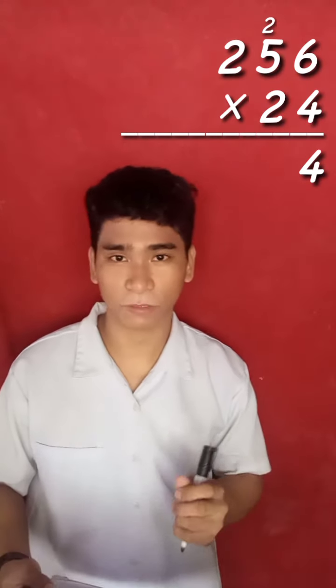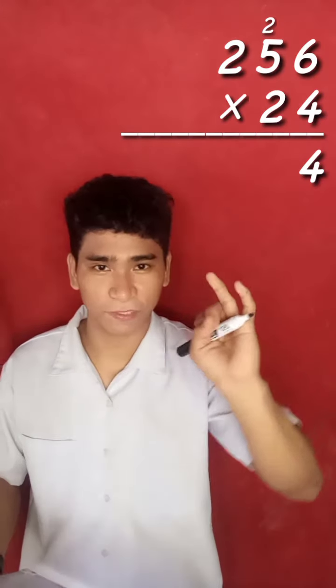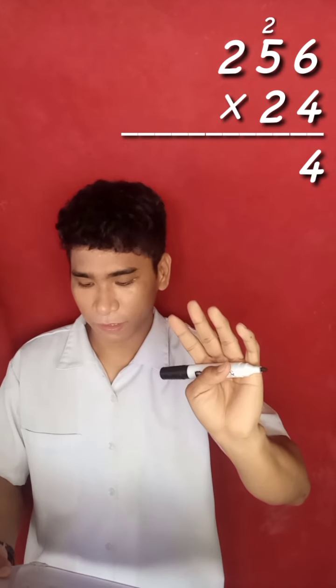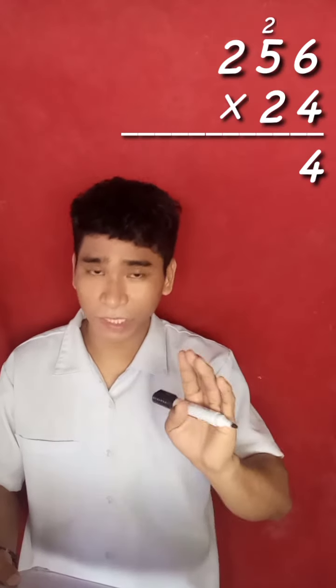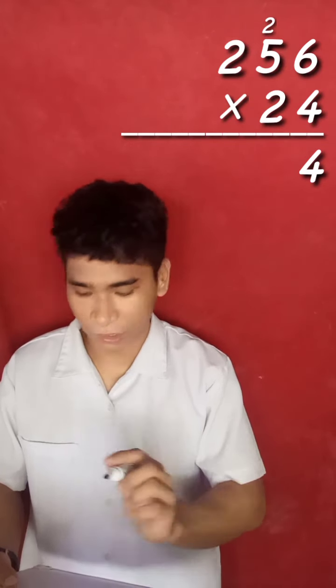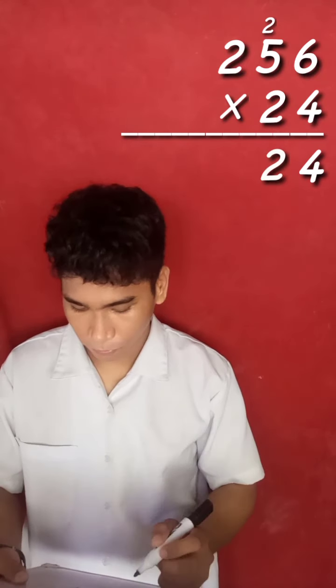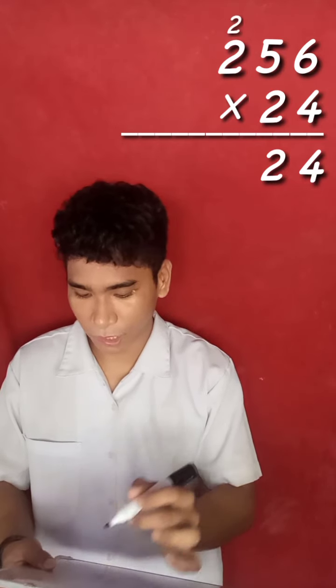Now, let's count. 5, 10, 15, 20. Now, the 2 at the top of the 5 is i-add natin. So, 20 plus 2 is equal to 22. Bring down 2 and write the 2 dito sa taas ng 2.